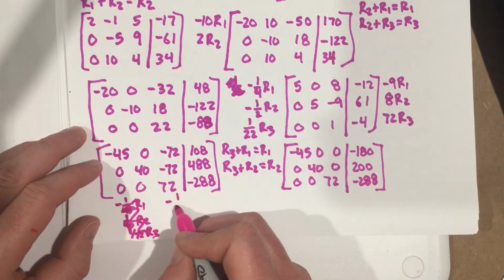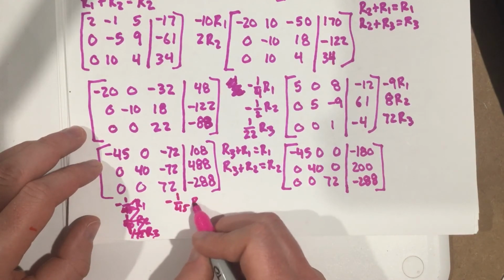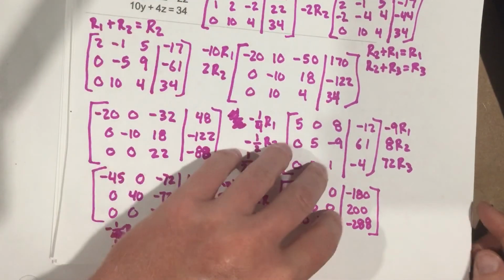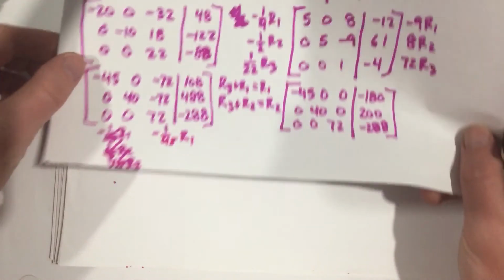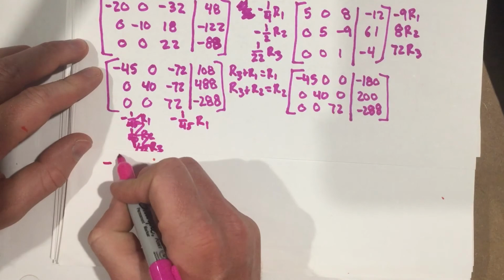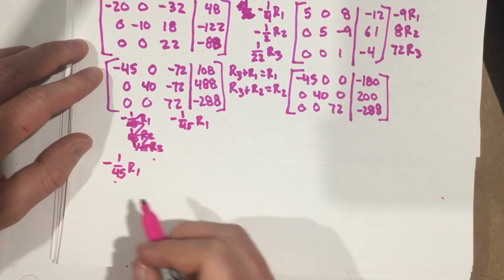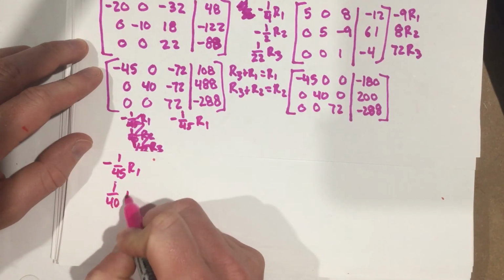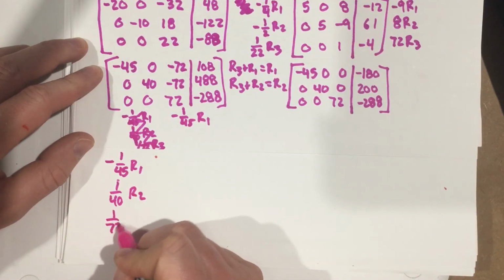Let's just slide this up, give myself more room. Okay. Negative 1 over 45, row 1. 1 over 40, row 2. And then 1 over 72, row 3.